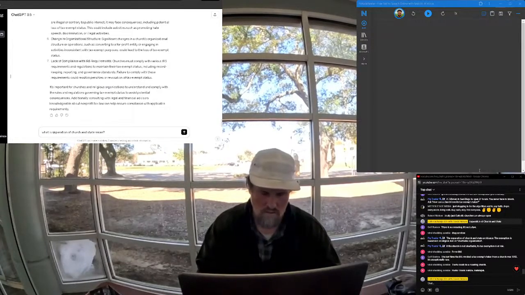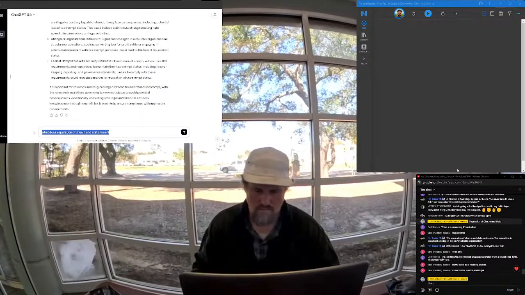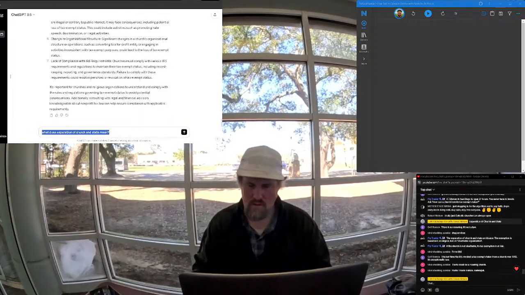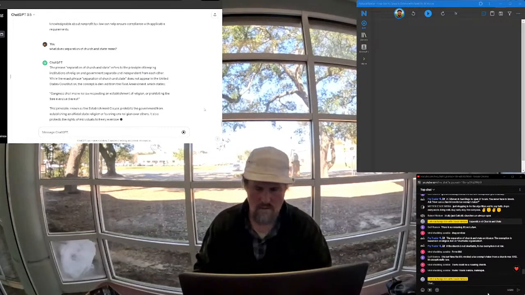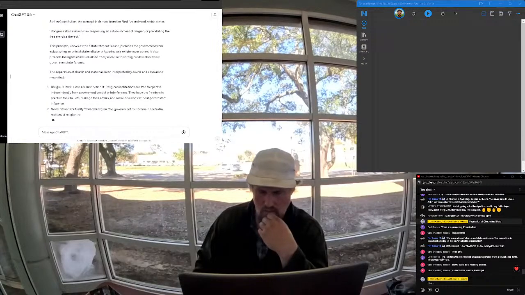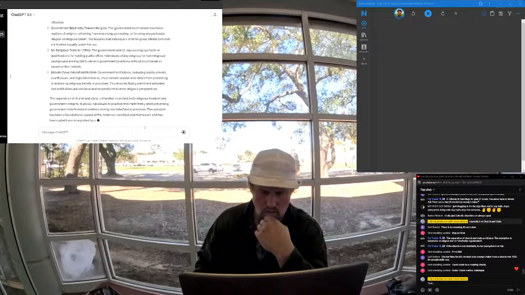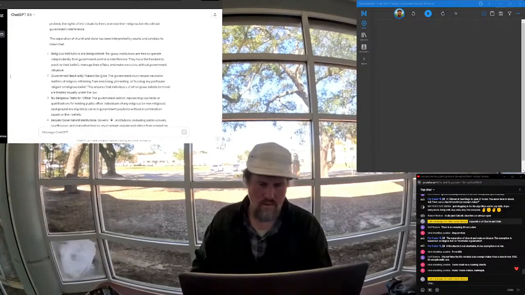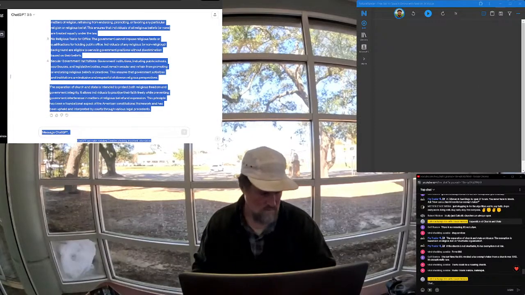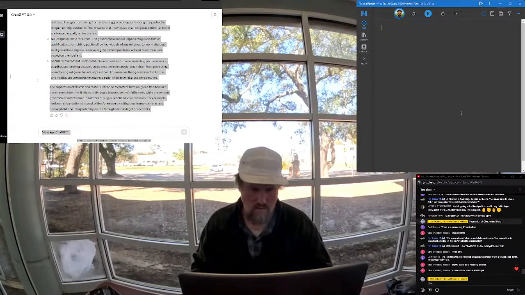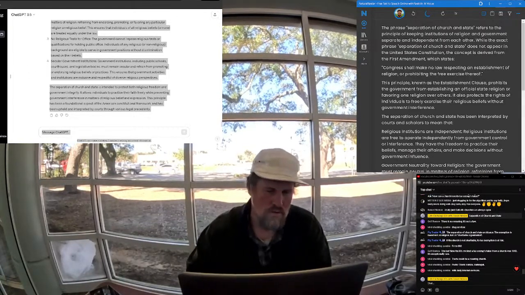What does separation of church and state mean?